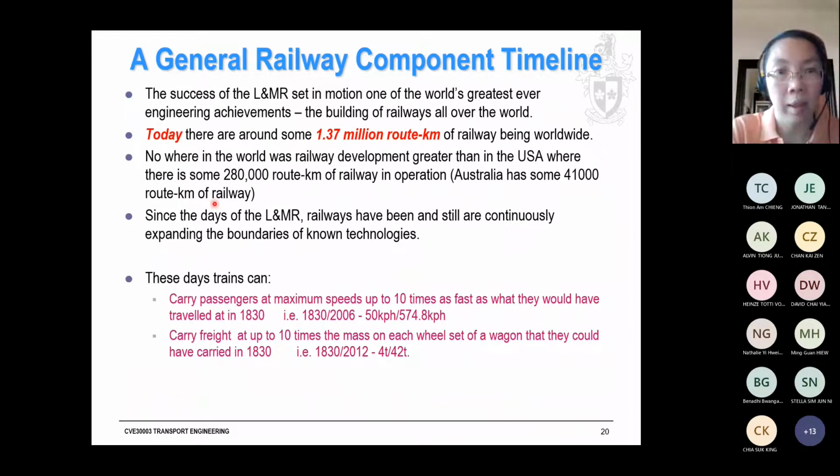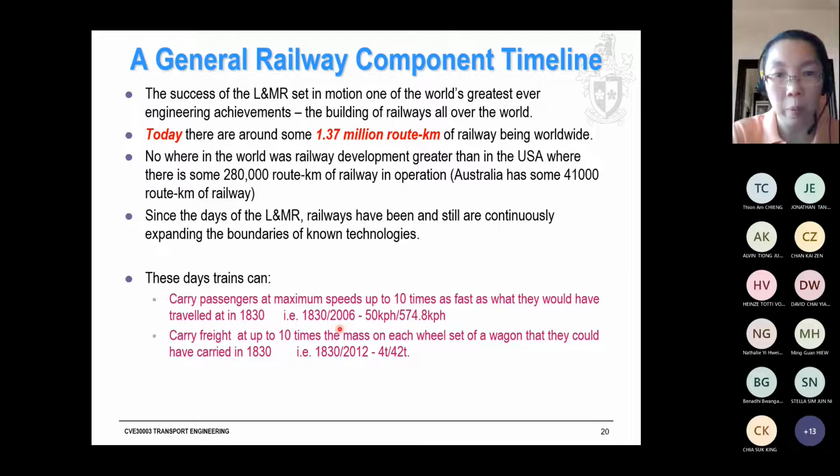Okay. Yep, today there are around 1.37 million route kilometers of railway worldwide. And we have come very far from the first railway train, because these days trains can carry passengers at maximum speeds up to 10 times as fast as in 1830.